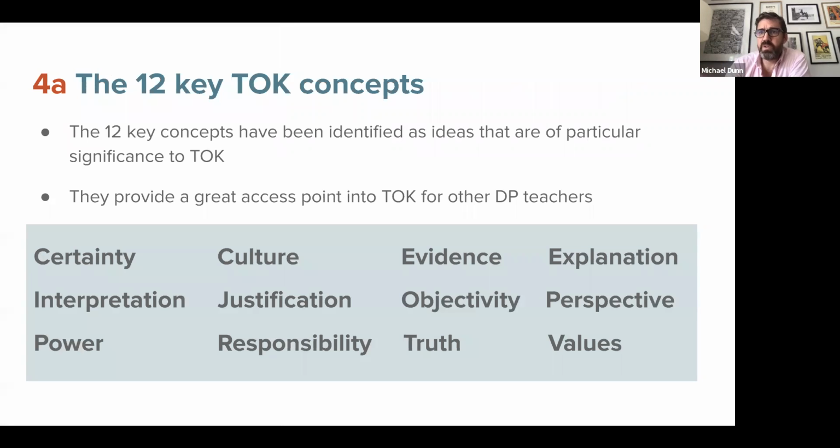The IB for the new Theory of Knowledge course have identified 12 particularly significant concepts, ideas. These are the kind of things that students need to be able to refer to within their essay, within the exhibition, but also just throughout the course. A range of words and ideas that have different relationships with knowledge and how we understand the world.